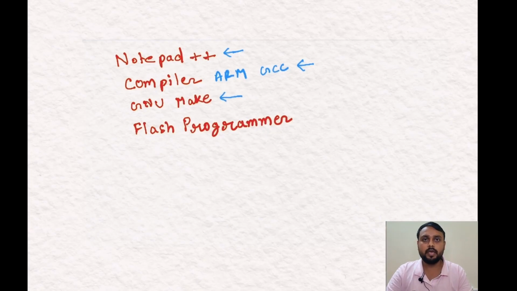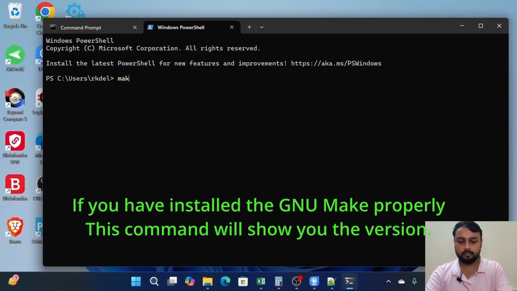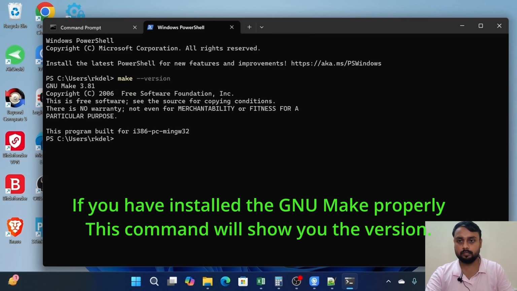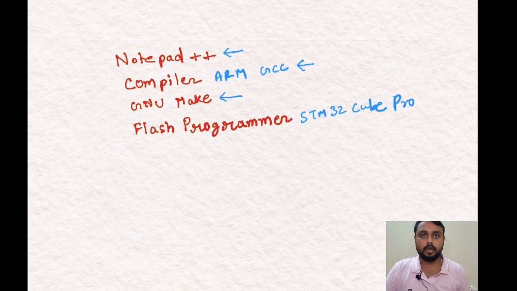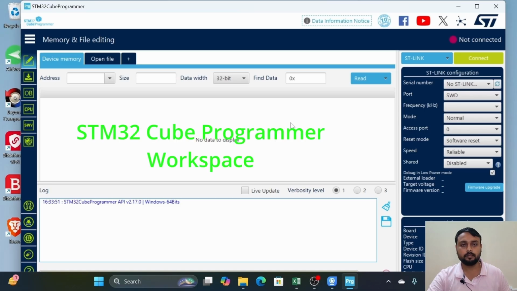After this, for Make, we will be using GNU Make. We know we need a flash programmer to flash the code. As the flash programmer, we will be using STM32CubeProgrammer.